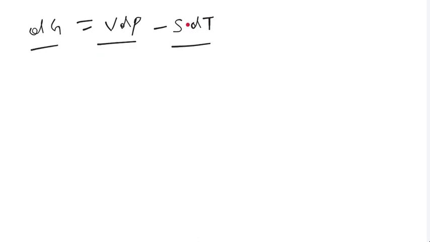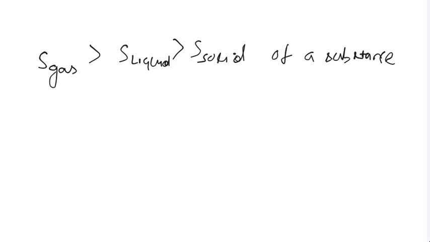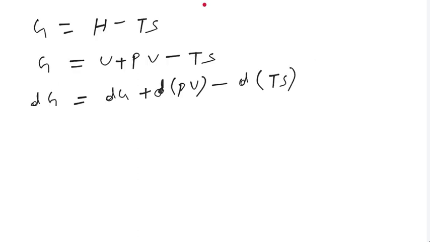So dG equal to VdP minus SdT. dG equal to VdP minus SdT. G equal to H minus TS, so G equal to U plus PV minus TS.